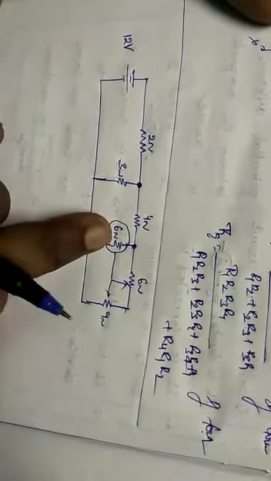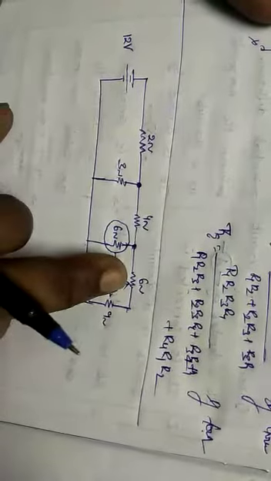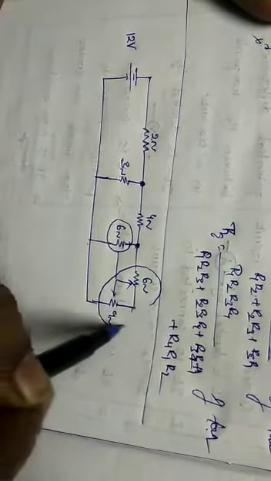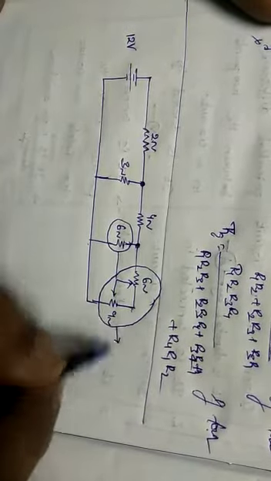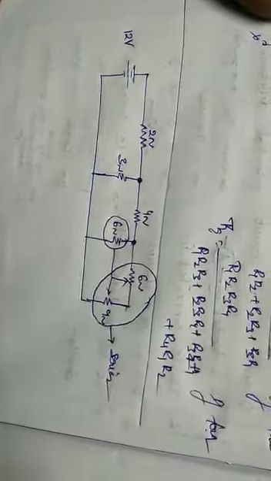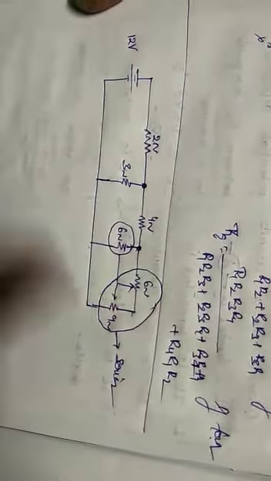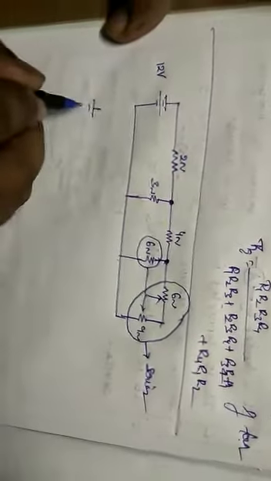So here the 6 ohm resistor can be joined with 6 ohms and 9 ohms. So here 6 and 9 ohms are in series. 6 and 9 ohms are in series.